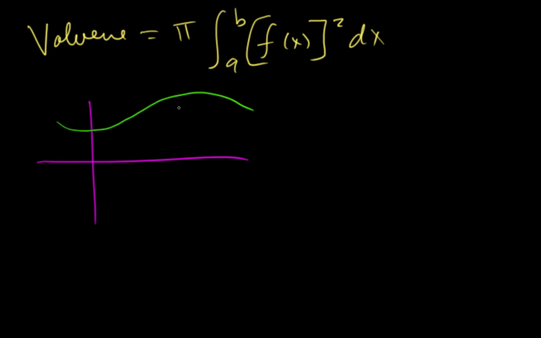What if we were to take this function and, in between a and b, revolve it around the x-axis? So we would create this solid. We want to know what the volume of that solid would be.